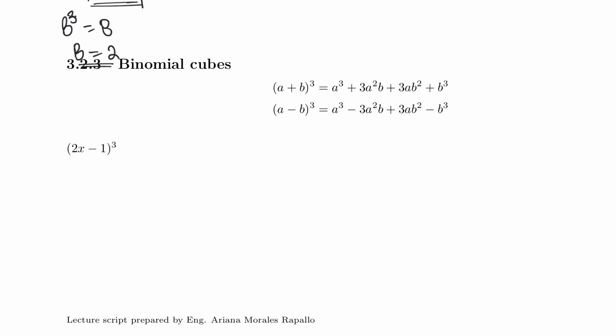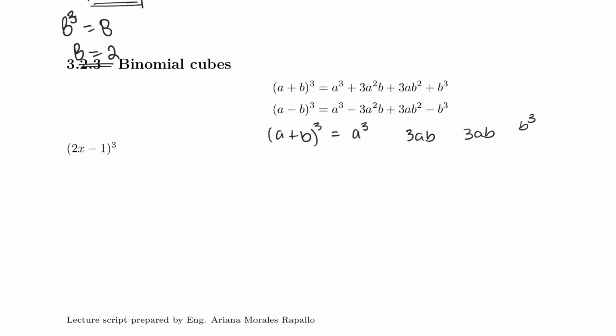A trick for you to memorize or know how to apply this expansion is to first write down the first term cubed, and then way over here, the last term cubed. Then we write down 3ab twice, 3ab here and 3ab here.